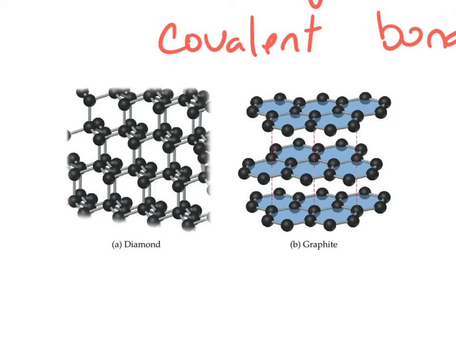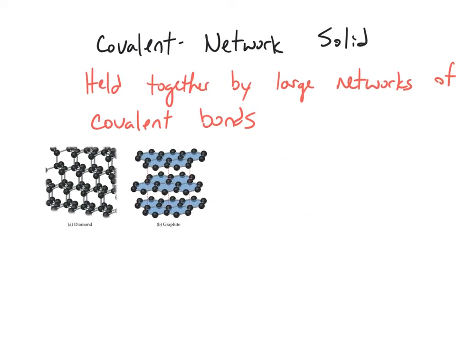So let's zoom back out here and talk about some properties of covalent network solids. As I mentioned before, they have high melting points. The thing that sets them apart from their ionic counterparts is that they have some conductive properties and are sometimes used as semiconductors.